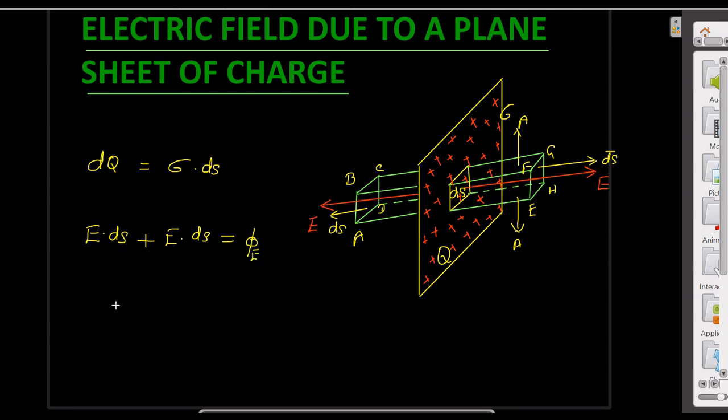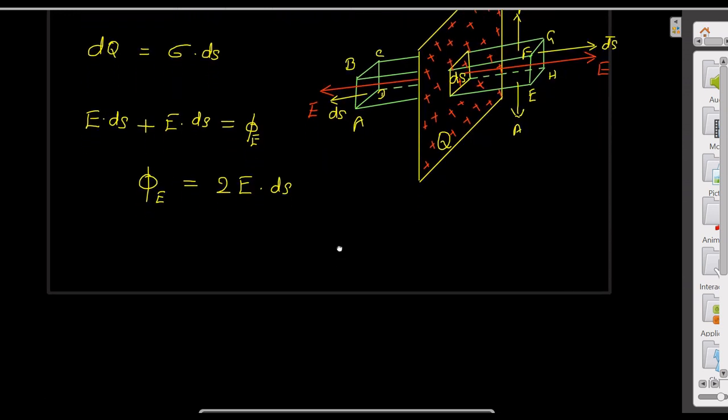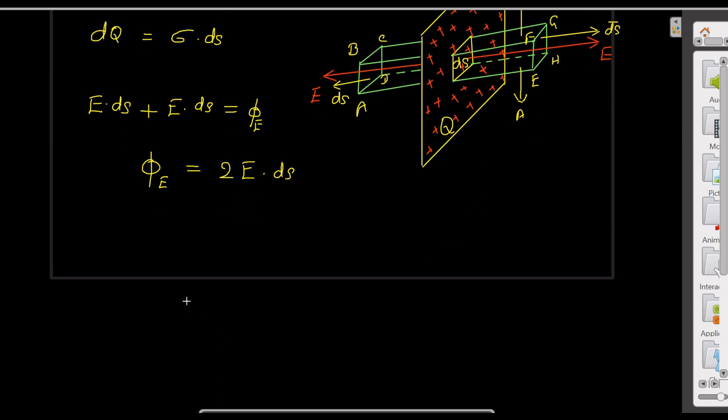Now, if we calculate, we get the total flux as 2 times E dot ds. I just wrote the magnitude. Now, according to Gauss theorem, integration over the closed surface E dot ds.